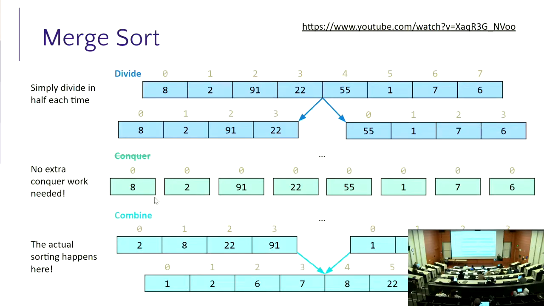And then hopefully we decided the 2 came before the 8. And then I had a list that said 2, 8, and I had to recombine that with a list that was 22 and 91. And then I interwove those things by having pointers at the start of each of the arrays I'm recombining. And I'm asking myself, who's smaller? Move into the new array, move my pointer. Who's smaller? Move into the new array, possibly move my pointer.